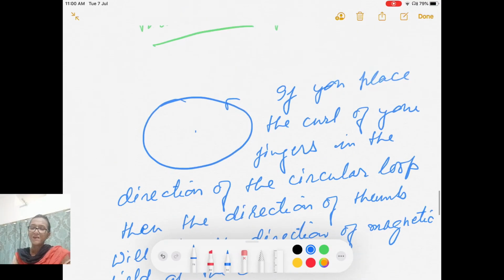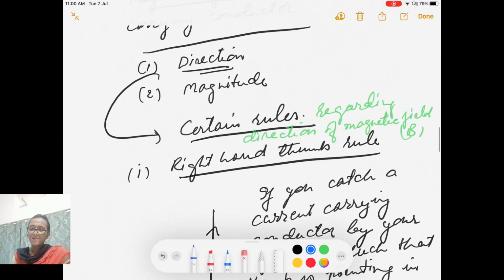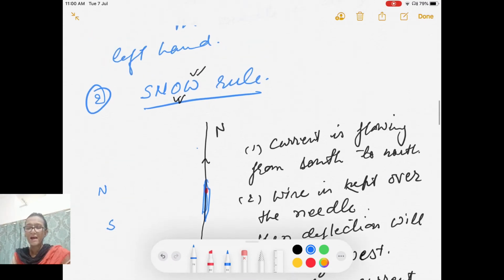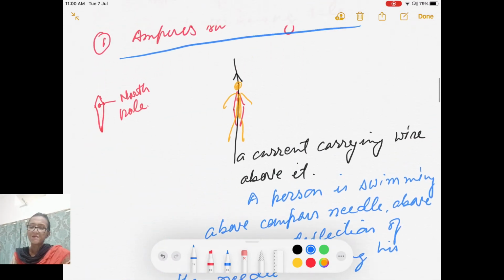So we started with the law for the deflection of a compass needle placed nearby, and this was given by Snow's rule or Ampere's swimming rule.